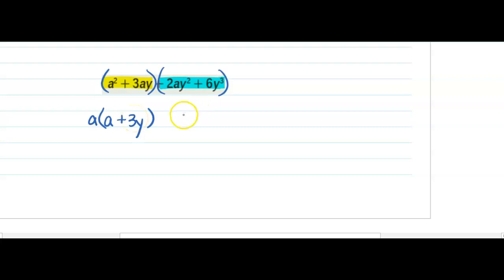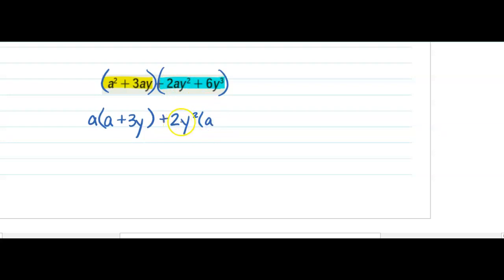How about the blue parentheses? What do they have in common? Well, they're both even. I can divide them by 2. That's the biggest number. They're both positive. They don't both have an A. This one has 2 Y's. This one has 3 Y's. So they both have 2 Y's. What's left behind? 2y squared times what is 2ay squared?